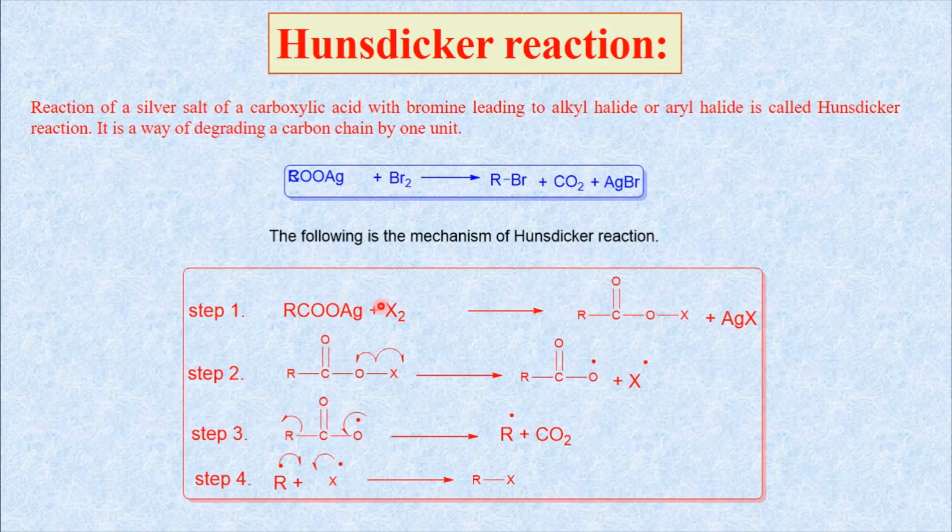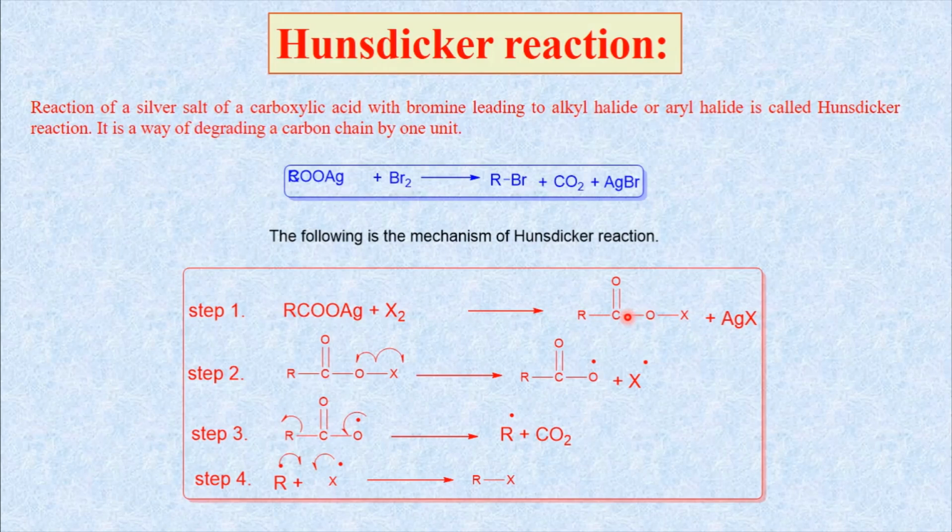The oxygen has a negative charge, so this negative charge attacks the X2 molecule and a substitution reaction takes place. You will get AgX and the acyl hypohalite, with an O-X bond.